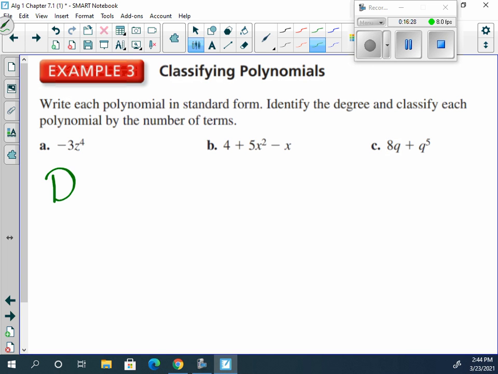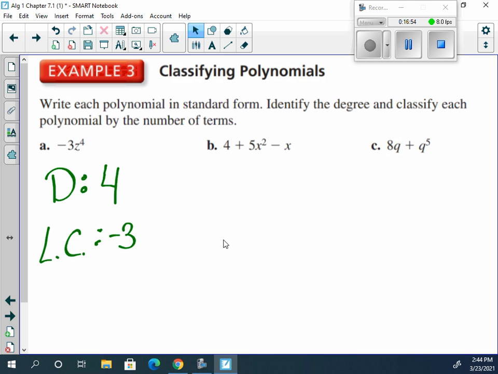Now, what would the degree be? It would be 4. Because again, we're looking at the exponents, and the only exponent we have here is 4. Now, I didn't ask for this, but let's look at leading coefficient. The leading coefficient would be negative 3. Now we need to classify it by the number of terms. Well, how many terms do we have? 1.